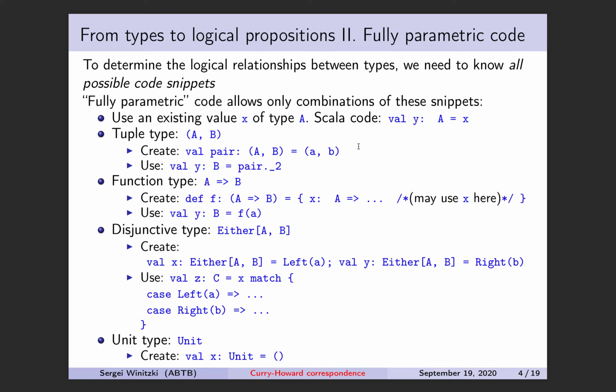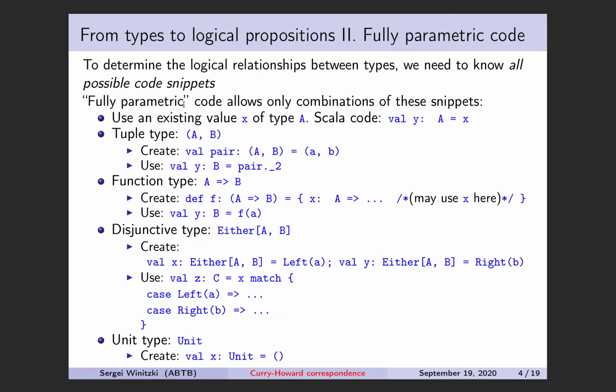You're only allowed to use type parameters and values built up from other values of given types. But you're not allowed to put the number 5 into your code, for example. Or you're not allowed to check if some type is integer or not, for example. That is not allowed. This is a very strong restriction.